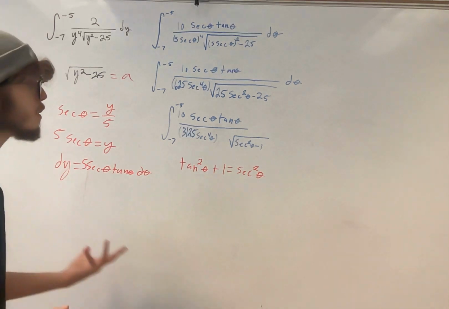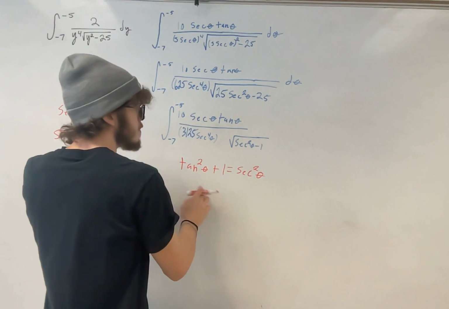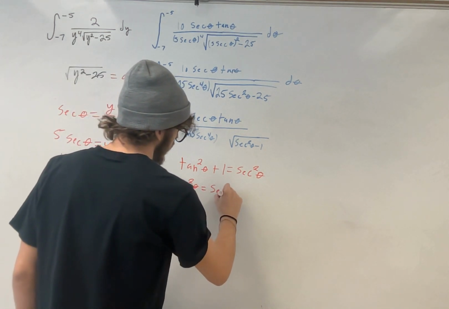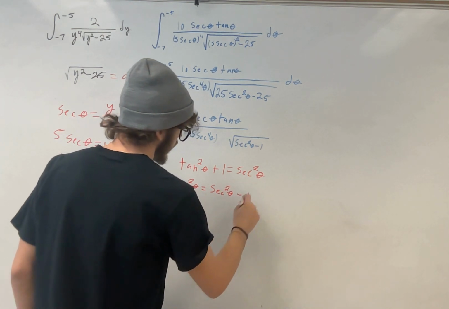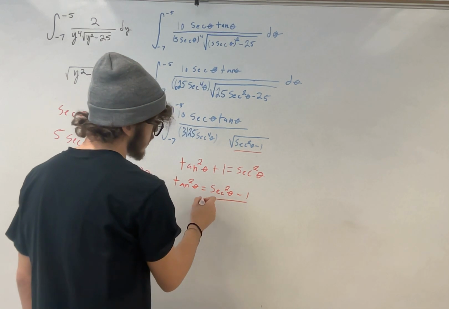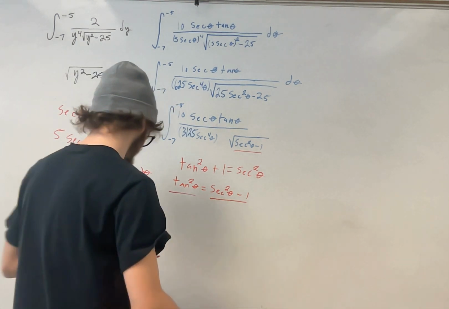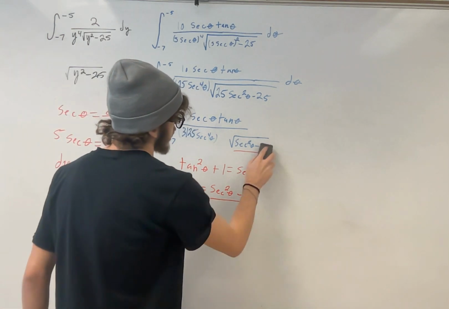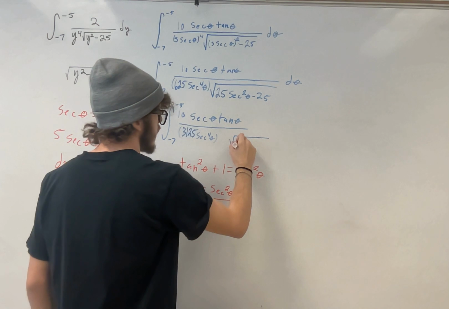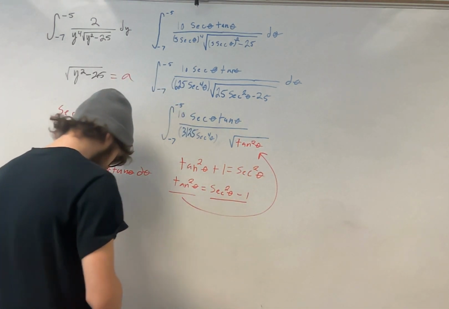If I get tangent by itself, tangent squared of theta equals secant squared of theta minus 1, notice how this equals this. So I'm just going to substitute what this is equal to, tangent squared of theta, and I can easily take the square root of that. I'll keep it in red so we can see that we just did that. We just plug that right in there.